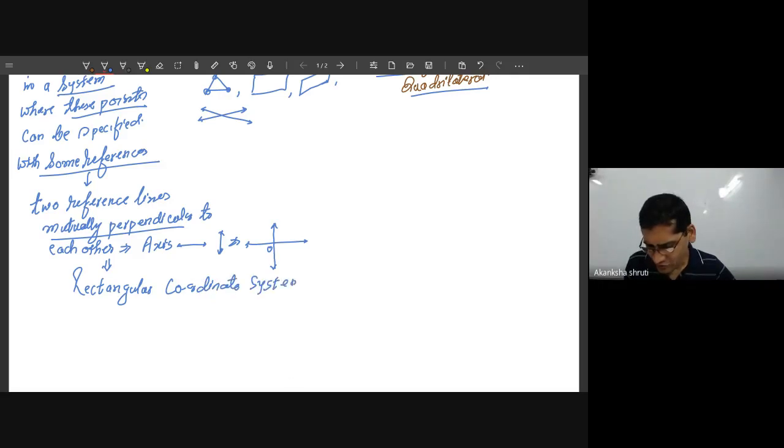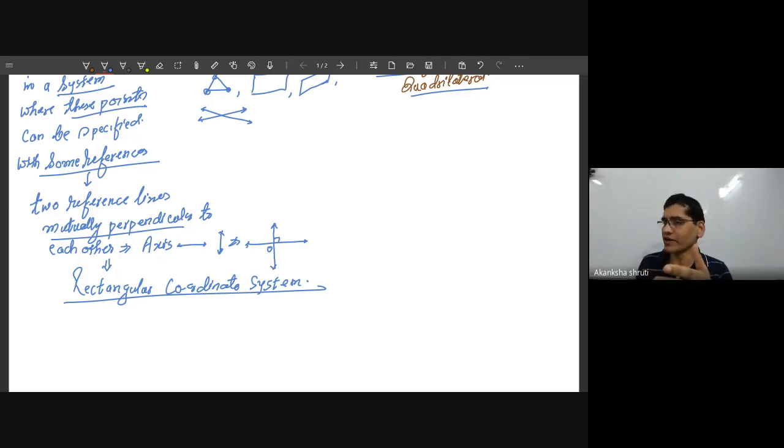Students, we have to learn only this rectangular coordinate system, but there are various other coordinate systems like inclined, meaning if this angle is not 90 degrees, these two lines need not be mutually perpendicular. That is called the inclined coordinate system or oblique coordinate system. There is a way of taking just one axis and a certain angle, that is called the polar coordinate system.